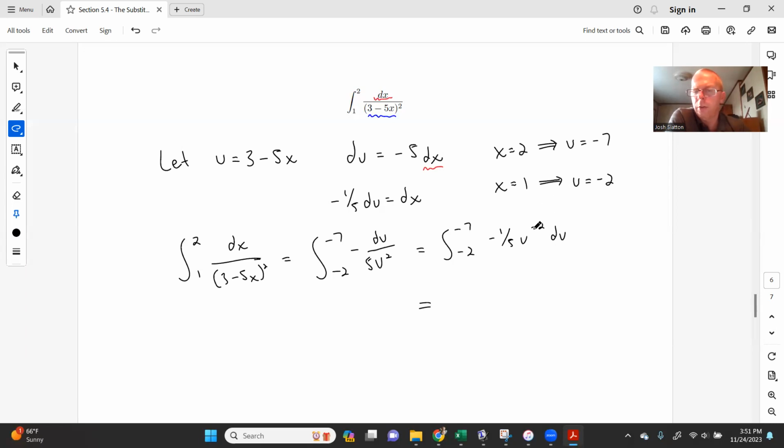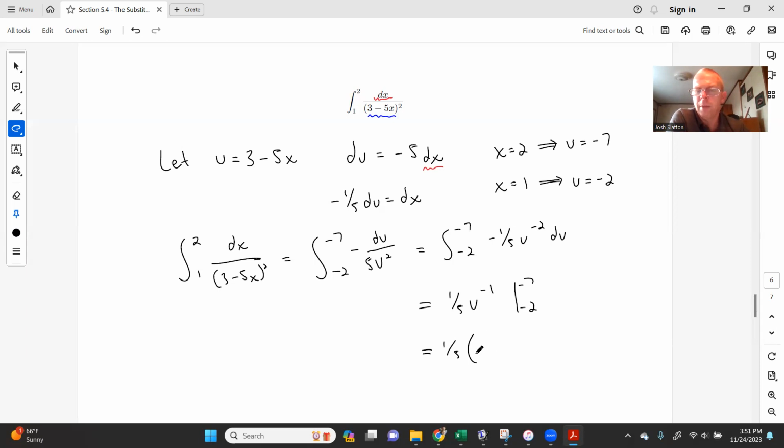And so let's integrate. Negative 2 plus 1, we'll divide this by negative 1. And so we get 1/5 u to the negative 1 from negative 2 to negative 7. So 1/5, and then we'll factor out the 1/5 and then plug in negative 7 and negative 2.